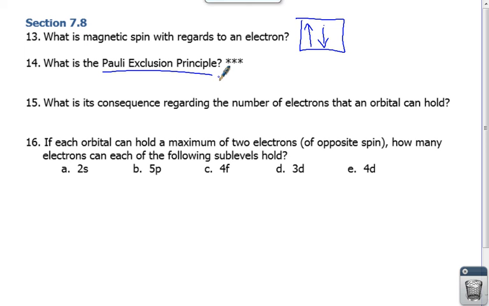Make sure you know who the Pauli exclusion principle is. It's the one that says it excludes same spin within an orbital, because if you have two electrons in the same orbital moving with the same spin, they'll end up pushing each other right out of the orbital and kind of canceling out the existence of each other.